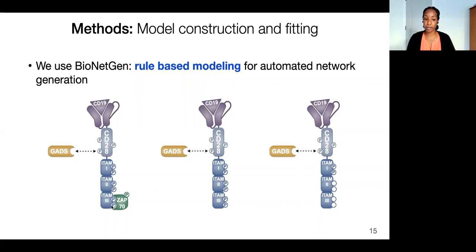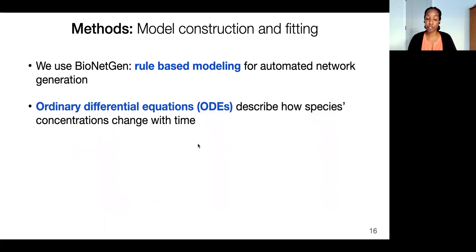So whether or not ZAP70 is bound, whether or not all the ITAMs are phosphorylated, GADS interacts with CD28 in this way. And so we define a subset of biochemical reaction rules, and then BioNetGen implements all of the permutations of those rules. And so it gives us then a set of ordinary differential equations that describe how the species concentrations evolve over time.